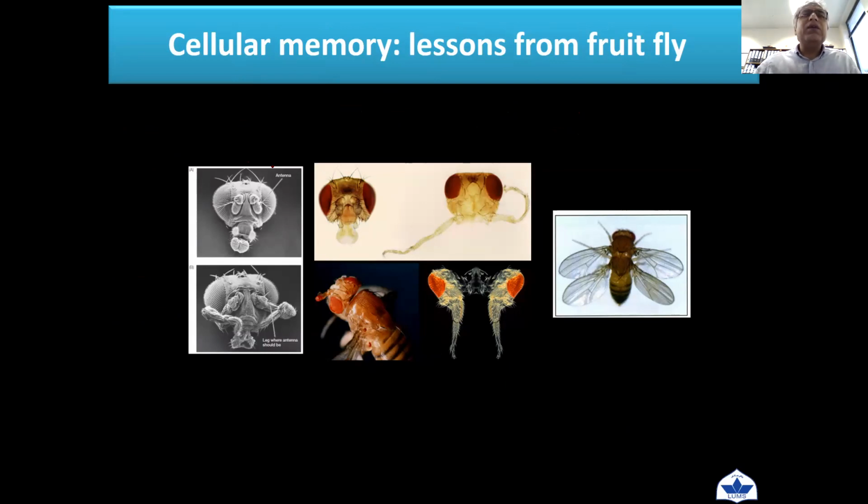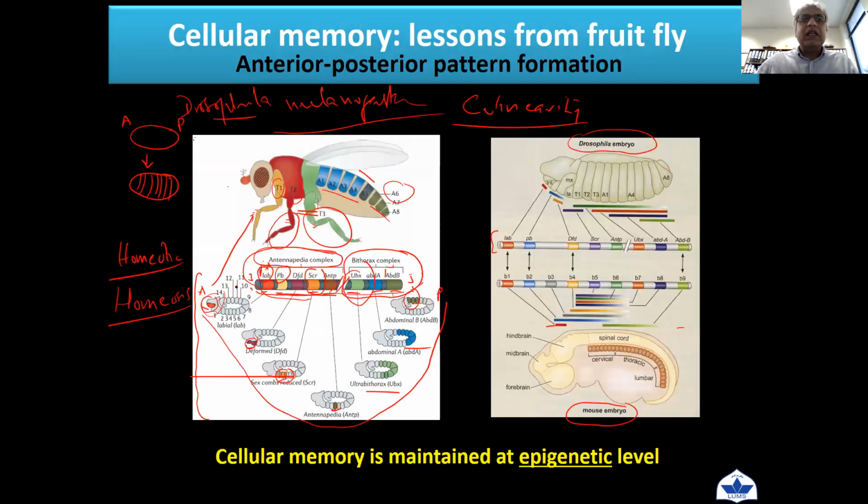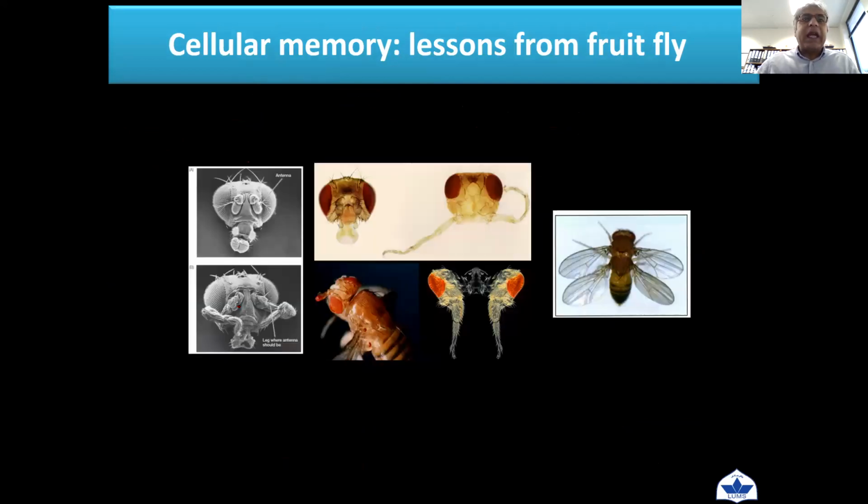This is what I explained to you already. This is the ectopic expression of antennapedia. So where is antennapedia? This is antennapedia, and antennapedia is normally expressed in the legs. But if antennapedia gets ectopically active in the head region, you see legs are present on the head.